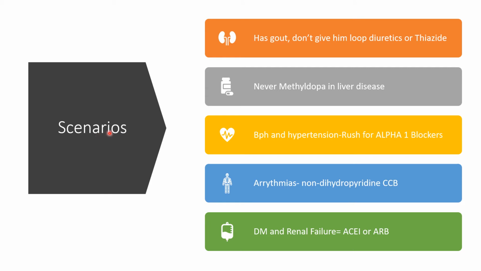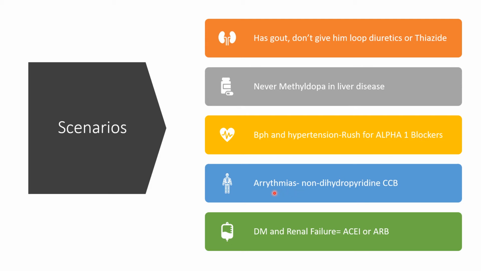There are certain scenarios that I'll quickly go over here. Now, if someone has gout, then we will not give loop diuretics or thiazide here. Why that? There's hyperuricemia, worsening the gout. In liver disease, we will not get close to methyldopa. And if there is BPH, benign prostatic hyperplasia or hypertrophy, and the individual is having hypertension, please rush for alpha-1 blockers.